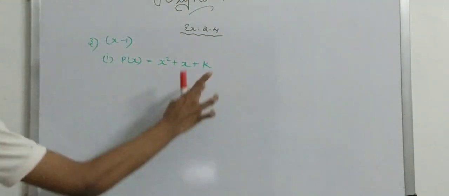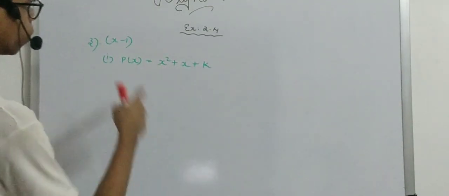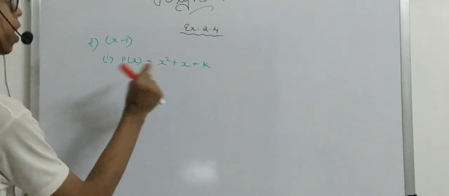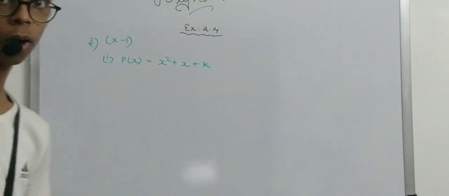So now let's move on to the next question. The third question is, find the value of k if x minus 1 is a factor of p of x in each of the following. Here we have to find the value of k. In the question it is already given that x minus 1 is a factor of this given polynomial.